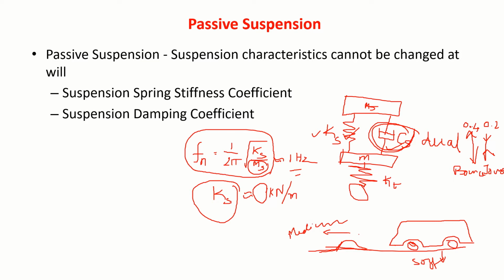It should not be too hard like this. It is desirable that we change Ks value, so also the damping value, depending on our requirement. But in our traditional suspension system, they remain constant. Such a system, we call it as a passive suspension system. Correct.